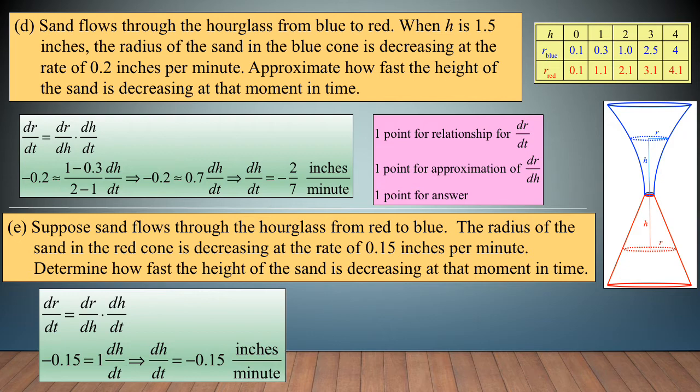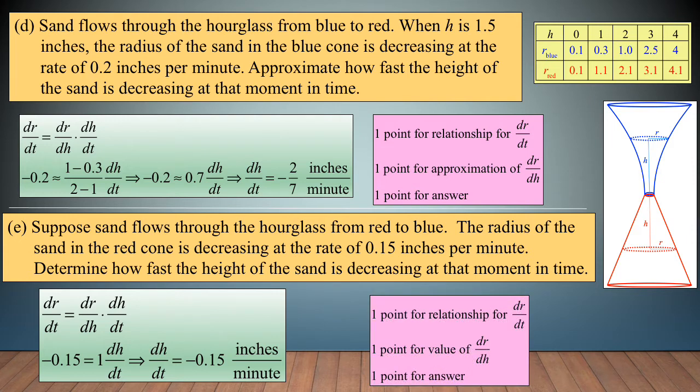This problem uses the same relationship, dr/dt equals dr/dh times dh/dt. We are given dr/dt, which is negative 0.15. In this problem, we are not given a value of h, but we do know what dr/dh is because we have the relationship that r is equal to h plus 0.1, and therefore dr/dh is equal to 1, and therefore dh/dt will also equal negative 0.15 inches per minute.